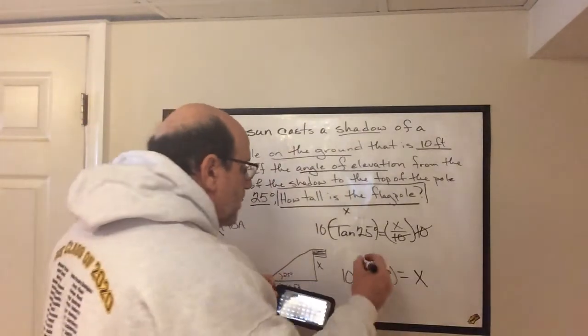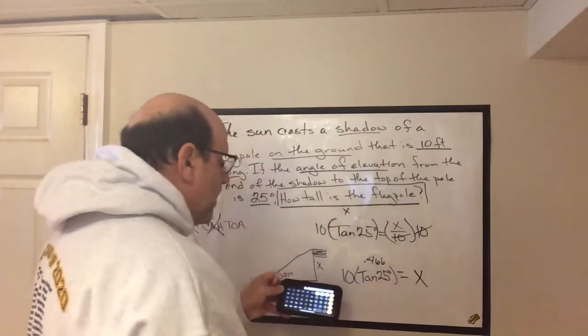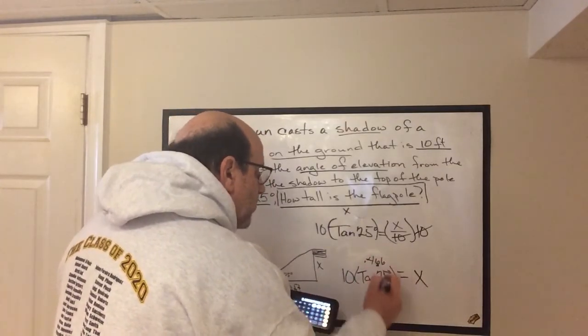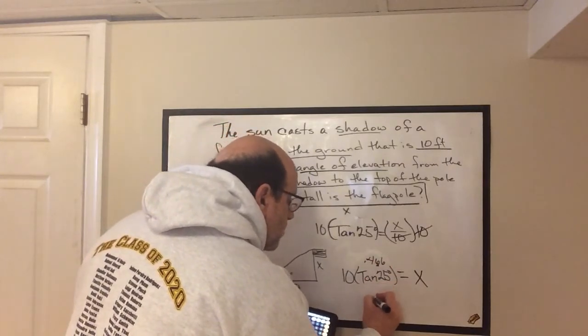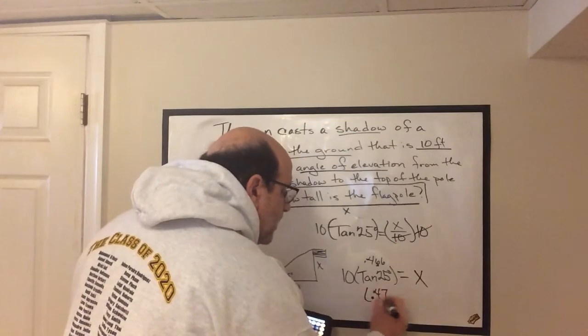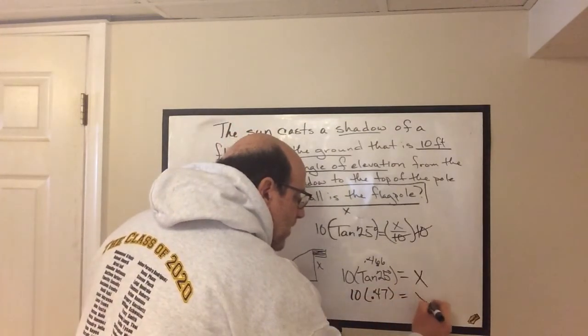So the tangent is 0.466, and I'm going to round to this digit, and this is over 5, so I'm going to say the tangent is 0.47 times 10, and that equals x.